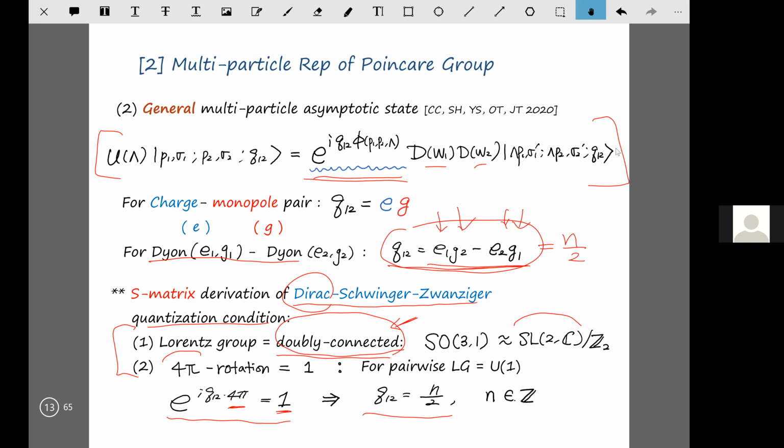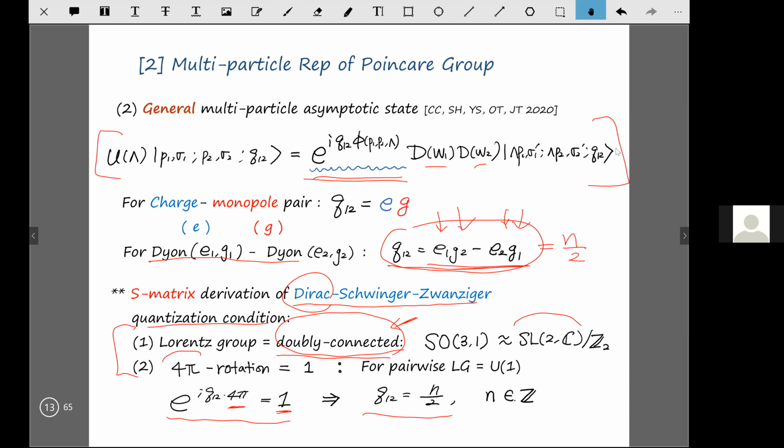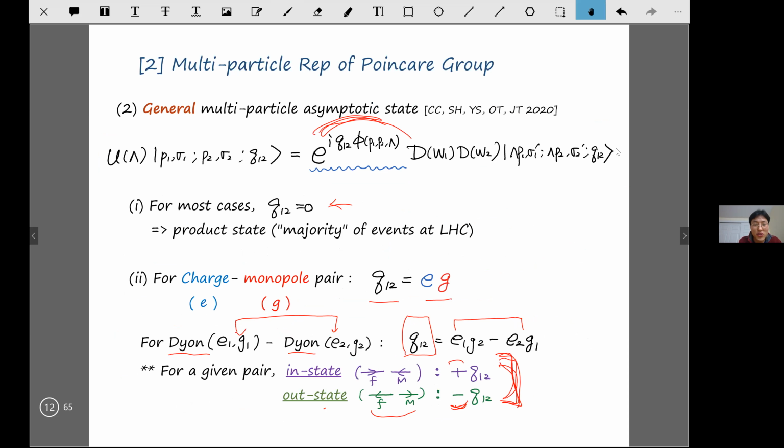Thank you. Okay, good. Any other question before I move on? One question is, what's the definition of in and out states for the dyon states? So for dyons, good. You take the 2 dyons with electric and magnetic charge.